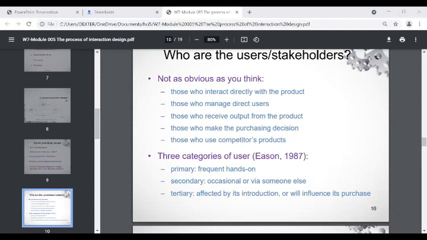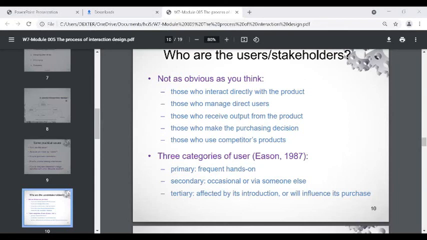The secondary users are the occasional users or those who use the system through an intermediary. And the tertiary users are those affected by the introduction of the system or who will influence its purchase.